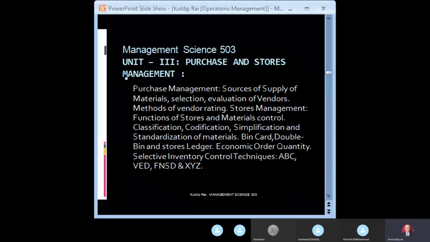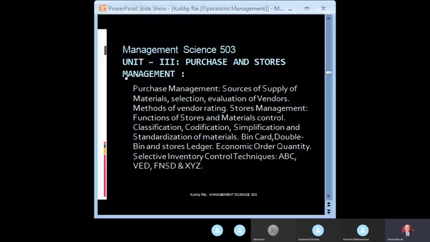In operations management, I already explained to you that we make goods and services, right? For making these goods and services, we need some materials. Without materials, no product can be made. Without materials, no service can be rendered. Even services cannot be rendered without materials.